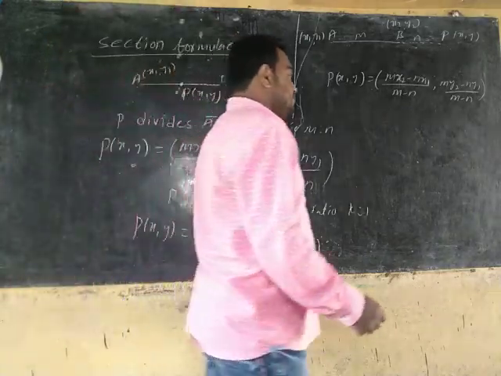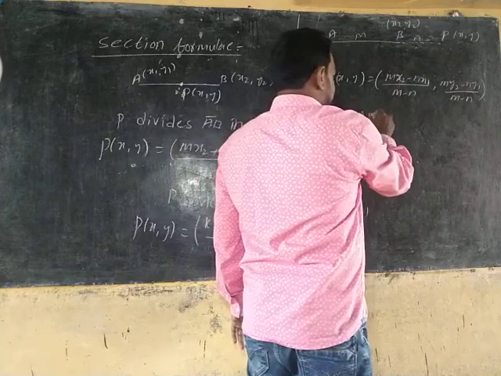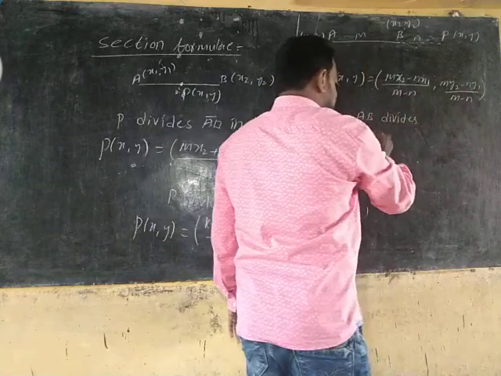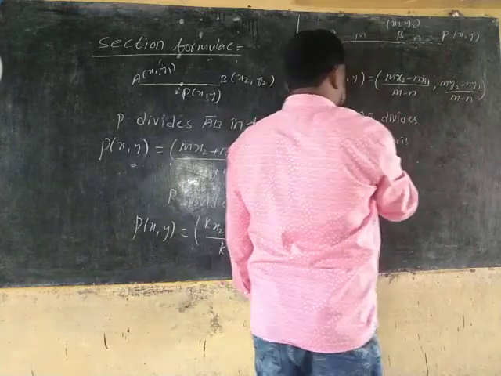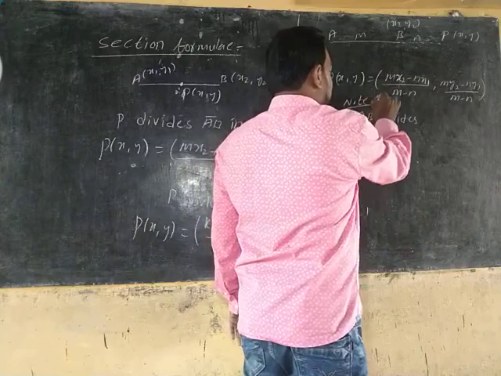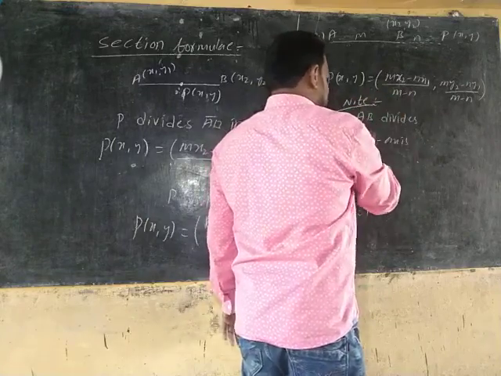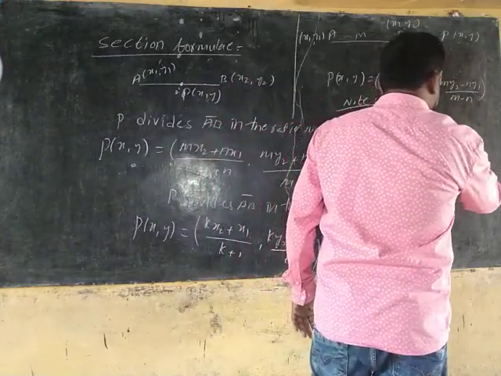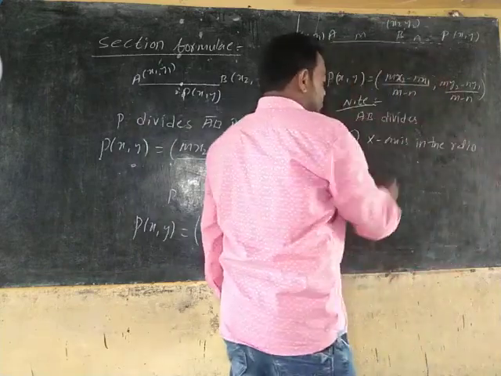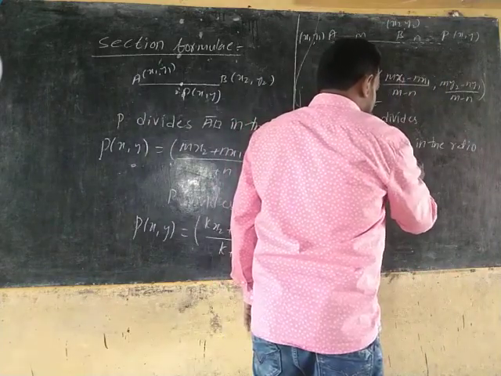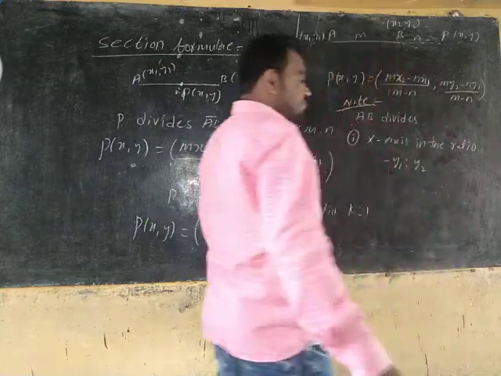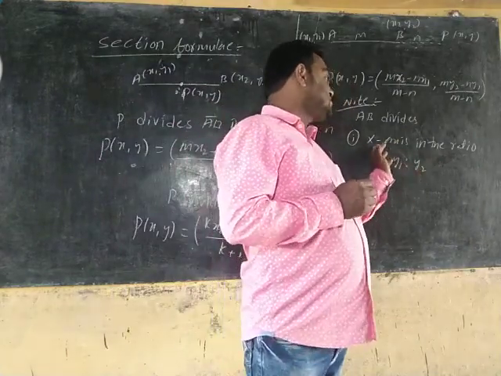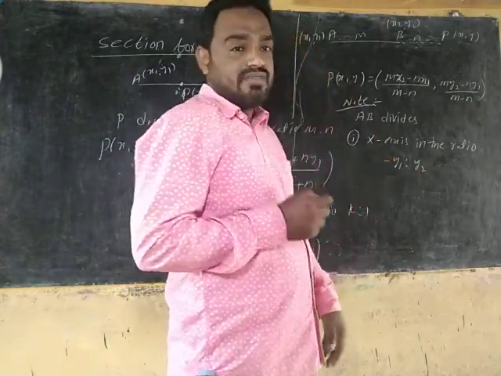Next, AB divides the x-axis. Note this down. In the first one, the x-axis divides AB in the ratio minus y1 is to y2.